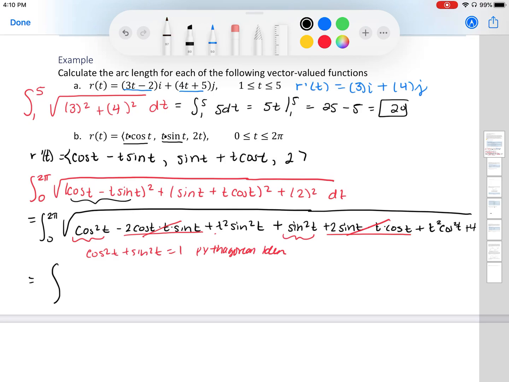Okay, so then we are left with the integral from 2 pi to 0 of the square root of t squared sine squared t plus t squared cosine squared t plus 4, and then this is 1, right? So don't forget that 1.